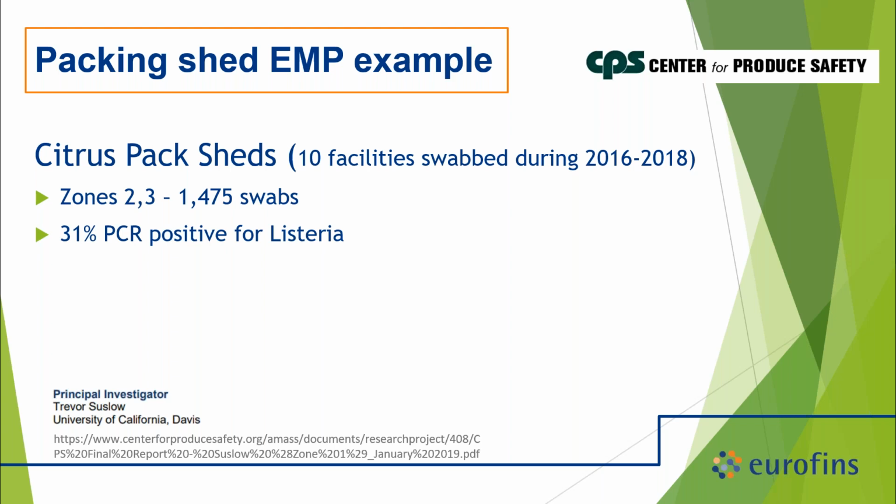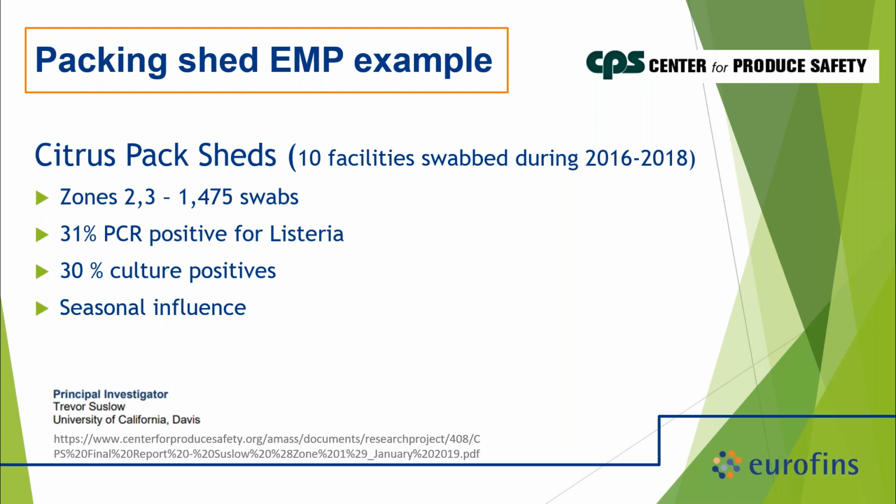What they found was 31% of those 1,500 swabs were positive for Listeria using PCR, and 30% of them were growing. Another webinar for another day, but effectively PCR can detect DNA. It doesn't necessarily mean it's living, but in this case, of those PCR positives, almost all of them were actively growing organisms.